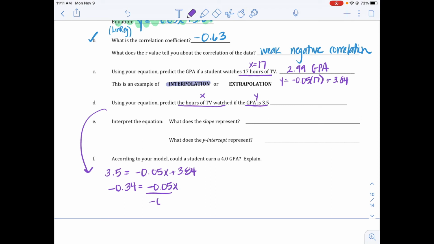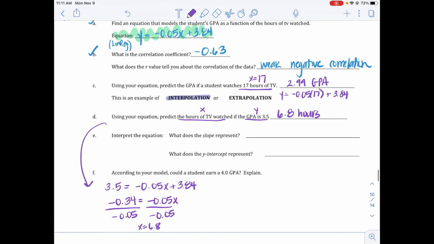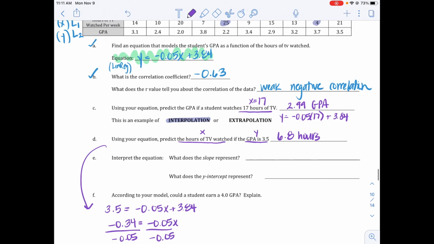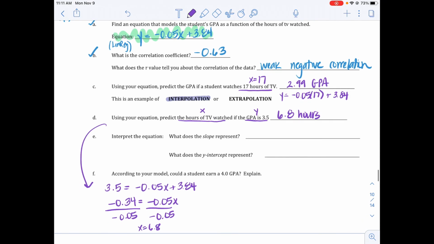And when we divide both sides by 0.05, we get x equals 6.8. Okay, so it says, using your equation, predict the hours of TV watched. So we're making a prediction. 6.8 hours of TV watched if the GPA is 3.5. So again, we're using our line of best fit to make predictions, either predicting x, which was our hours of TV, or our GPA.